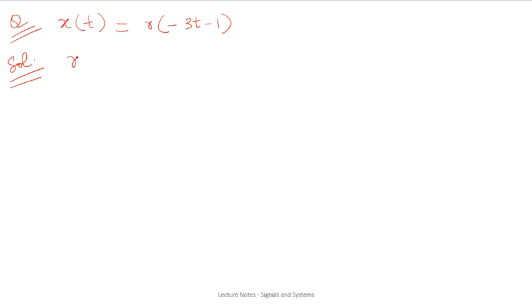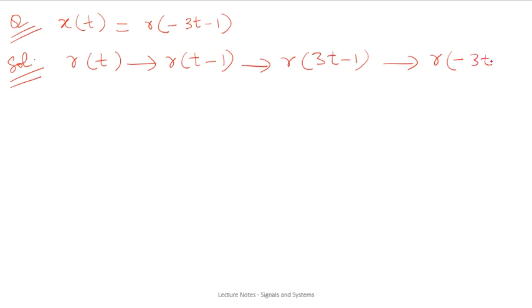Again, what would be the order of operation? The order of operation will be something like this: you first have to obtain the shifted version r(t - 1) from the original ramp signal, then you have to obtain the scaled version by performing the scaling operation on the previously obtained signal, so that you obtain r(3t - 1).